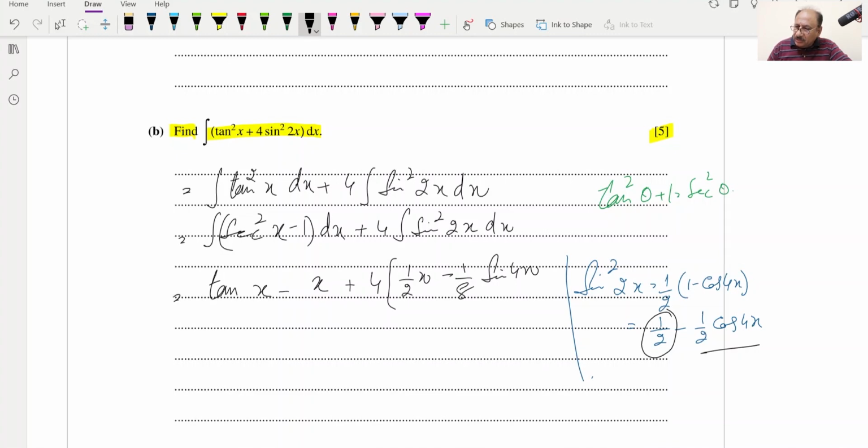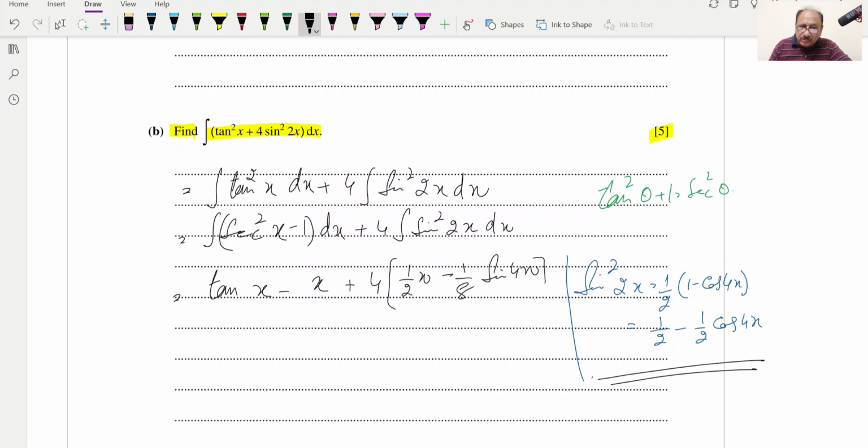Integral of cos 4x will be sine 4x, and divided by the derivative of 4x, which is 4, so 4 into 2 will be 8. So this is how we have integrated this part.